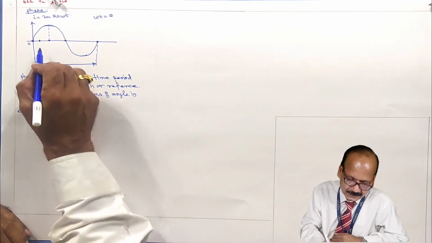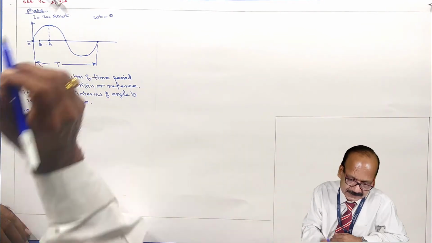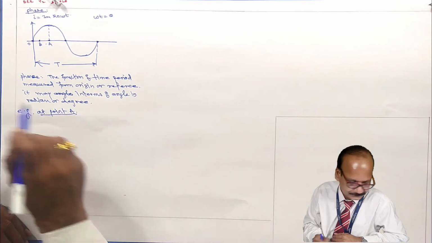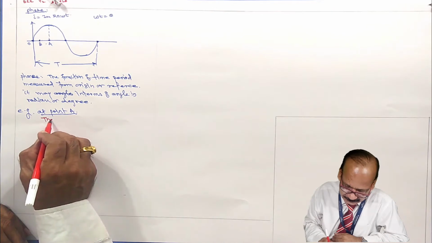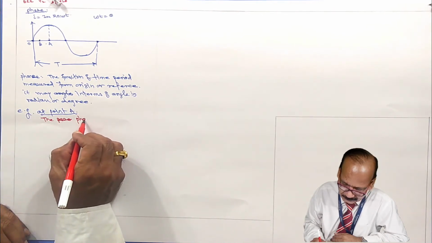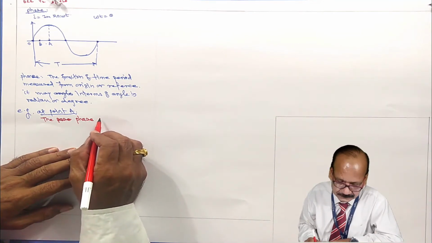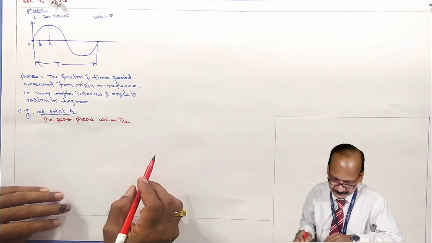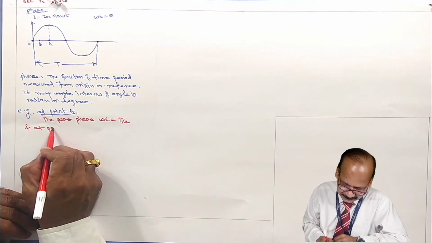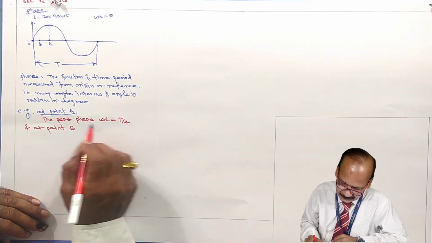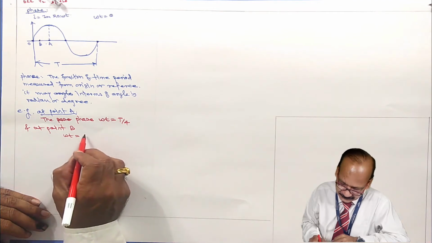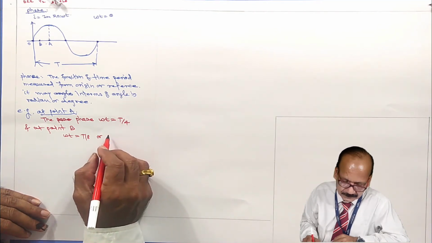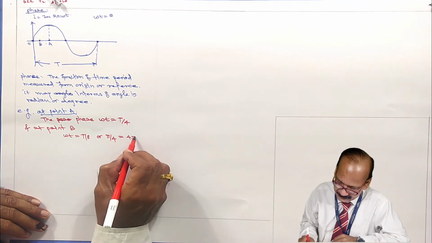For example, this is point A, this is point B. So at point A, the phase is omega t equal to T by 4, and at point B, omega t equal to T by 8, or here it will be pi by 4 equal to 45 degree.